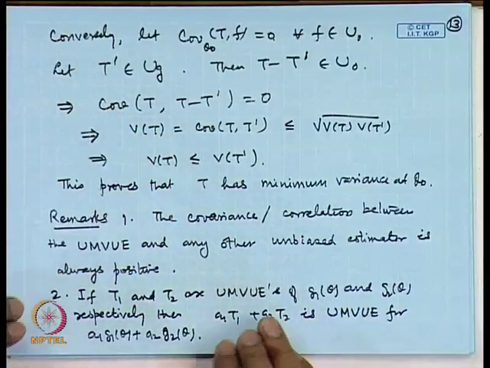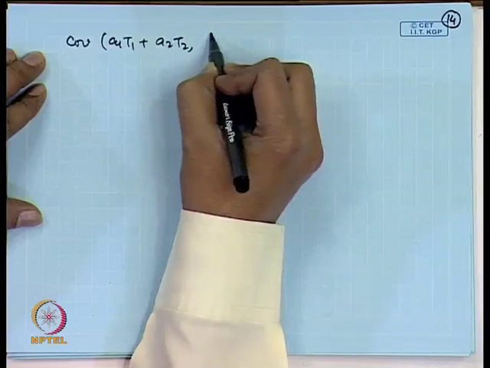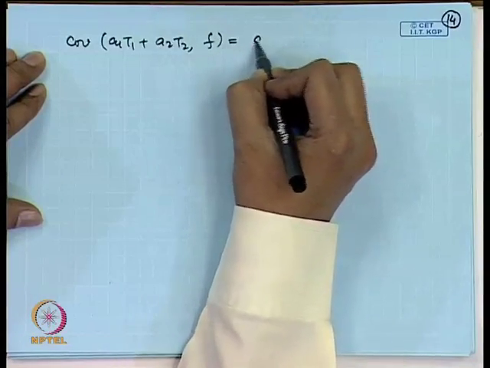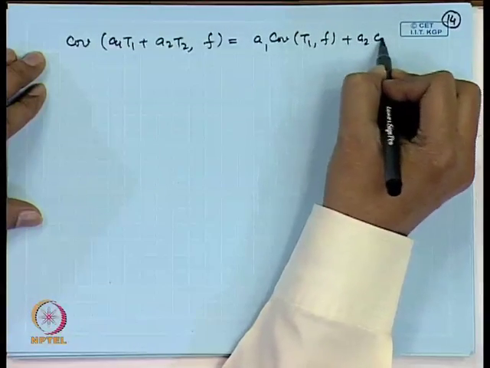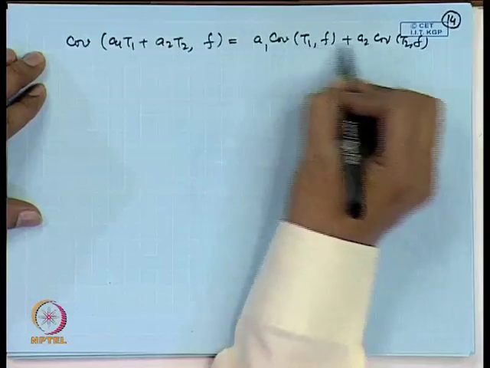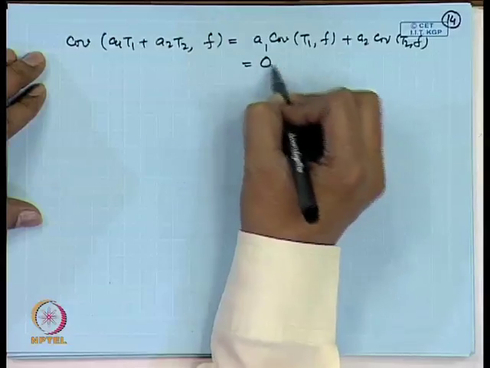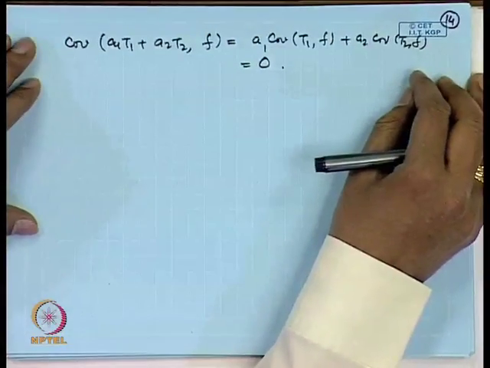That means some sort of linearity property is also true for the UMVUE, although it is true for unbiased estimation, it is not clear that it will be true for UMVUEs, but that is true here. In fact, one can look at a very simple proof of this. If I consider, say, covariance of a1 T1 plus a2 T2 with an unbiased estimator of 0, then it is equal to a1 times covariance between T1 and f plus a2 times covariance between T2 and f. Now, if T1 and T2 are UMVUEs, these are 0. So, this is simply 0. So, by the previous theorem, this result follows.